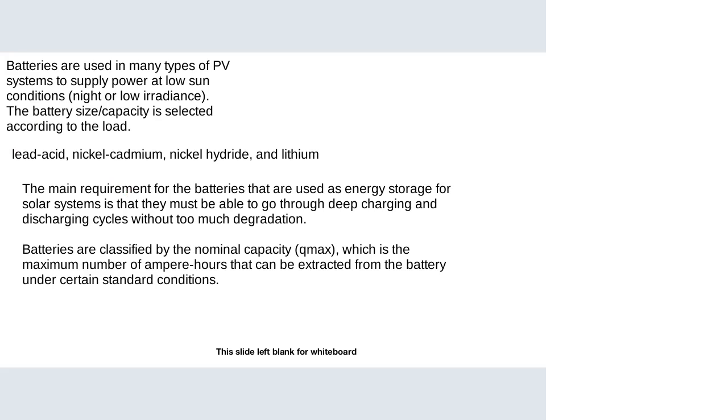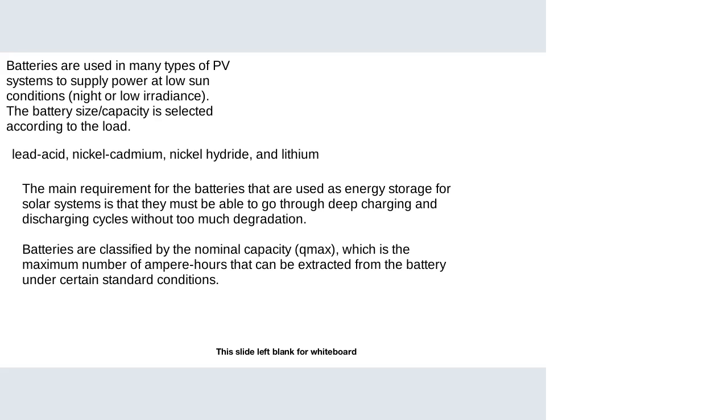If there is no more question about the batteries, we can talk about another component. So we talked about the nominal capacity. We defined it as the maximum number of ampere hours. Remember, ampere is the SI unit of current, hour is time. So the maximum number of ampere hours that can be extracted from the battery under standard condition.